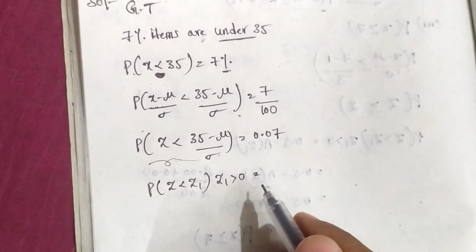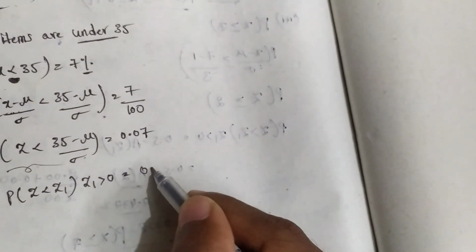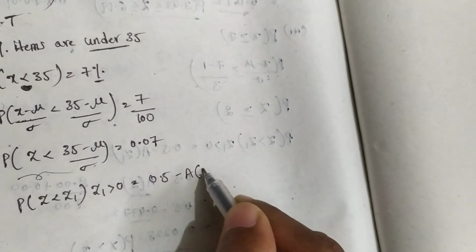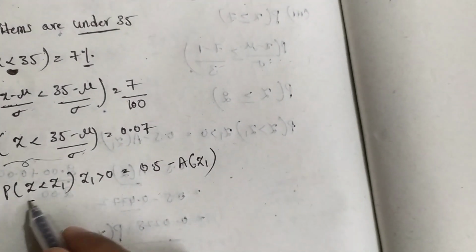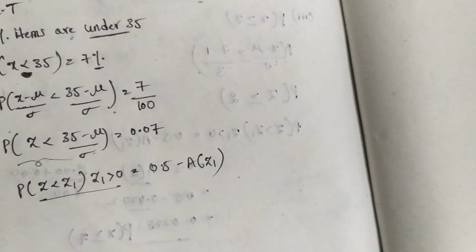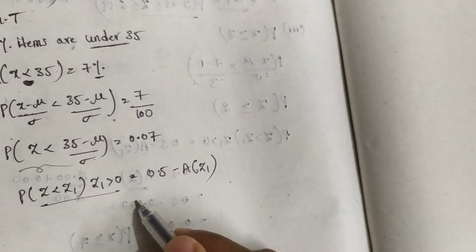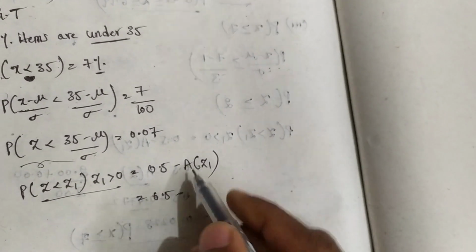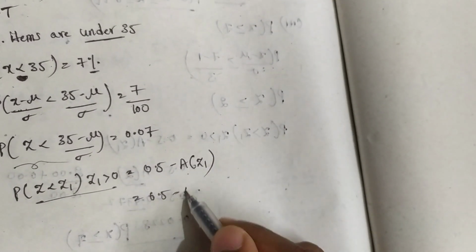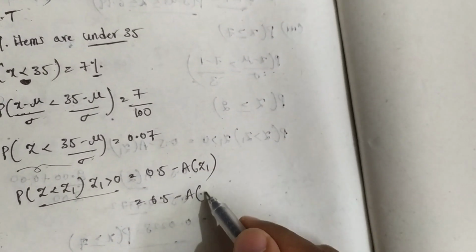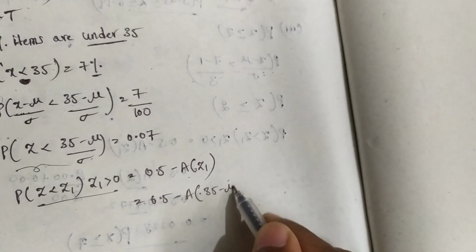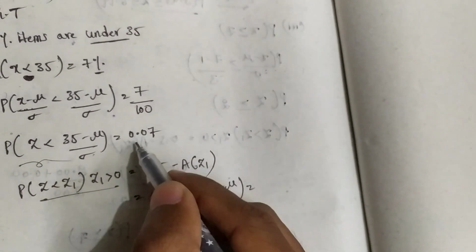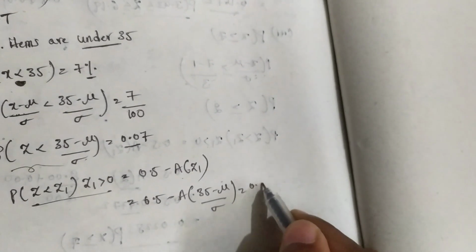We get the formula 0.5 minus A of Z1. You can see this condition and write this formula by using the given formulas. Here 0.5 minus argument of Z1, where Z1 is (35 minus mu) by sigma, equals this value, that is 0.07.